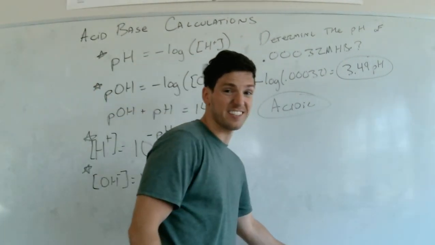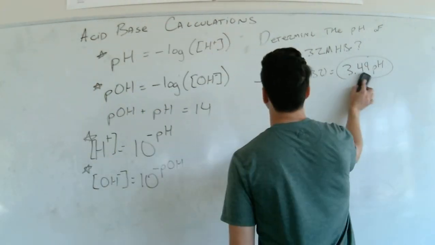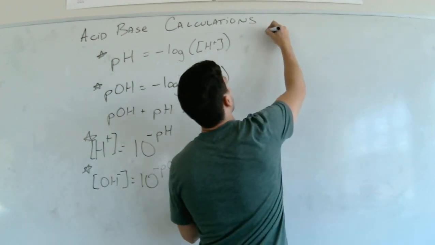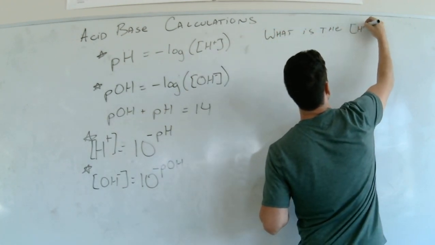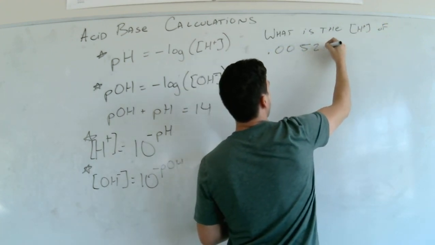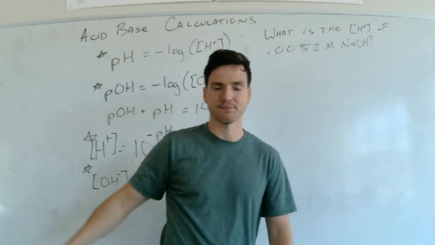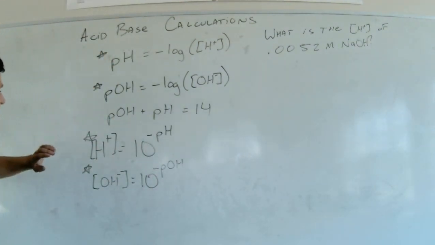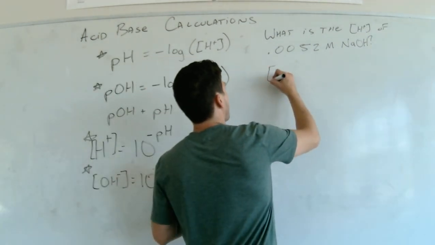Okay? And this is going all the way from H+ to OH-. What is the H+ of 0.0052 molar NaOH? So here, I want the concentration of the acid. But what I gave you was concentration of the base.